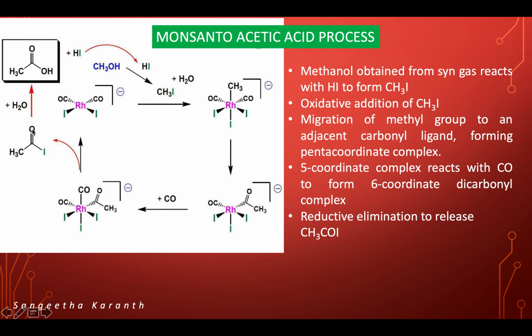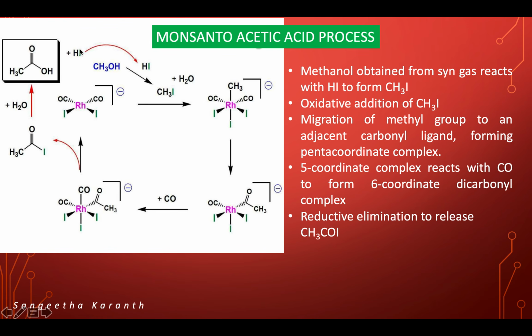Once this molecule is eliminated, it will undergo hydrolysis to give CH3COOH. Hydrolysis is nothing but addition of water. Water is nothing but H and OH, we can represent it that way. So OH will be added here and one H is remaining here. That H and I will combine together to give HI.